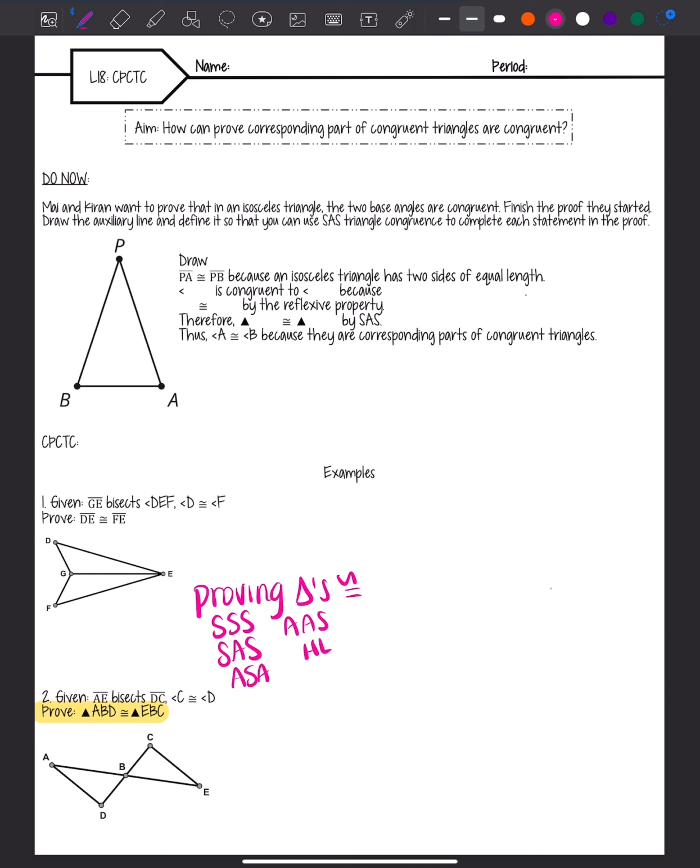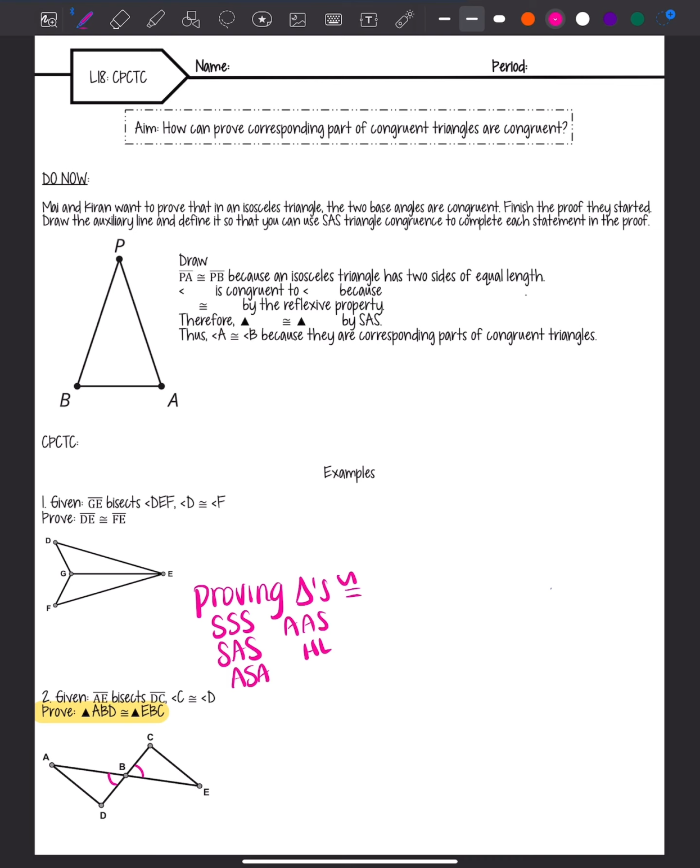Now, we take a look at our diagram. We're proving these two triangles congruent. We have triangle ABD, this triangle right here that I'm highlighting in pink, and triangle EBC, this triangle here that I'm highlighting in blue. And what I notice is that these two triangles come together and form some kind of an X. Well, as soon as I see an X, I must have vertical angles.